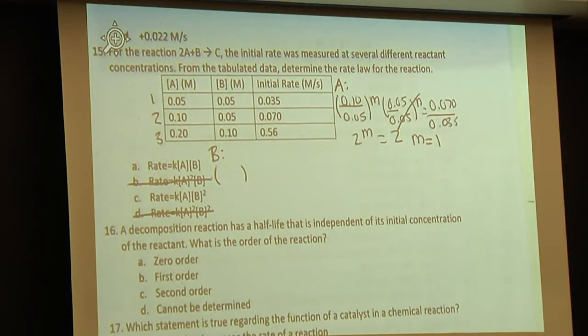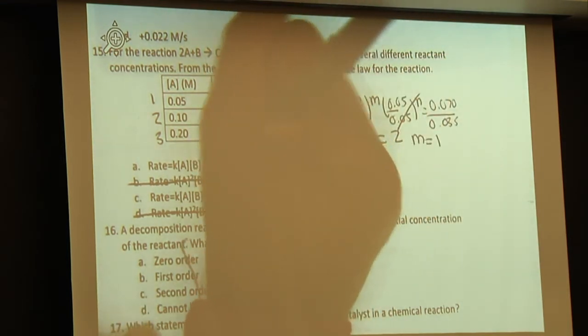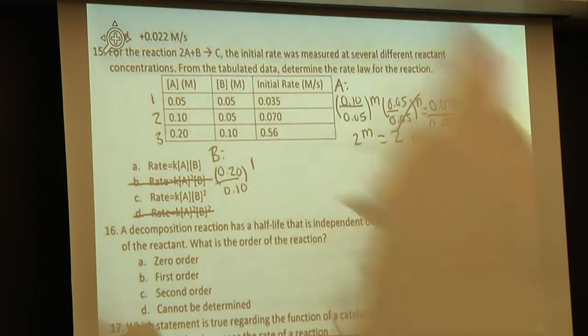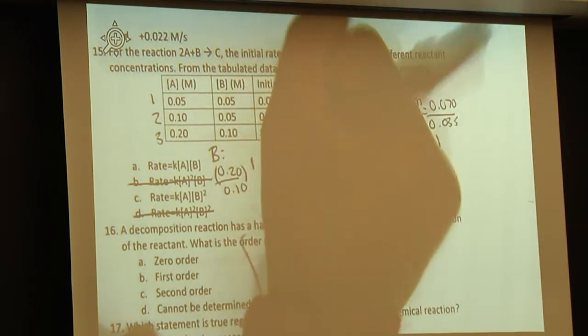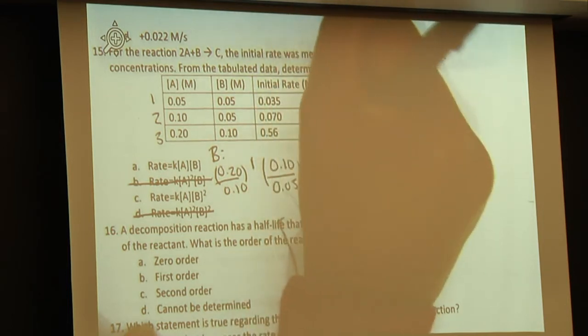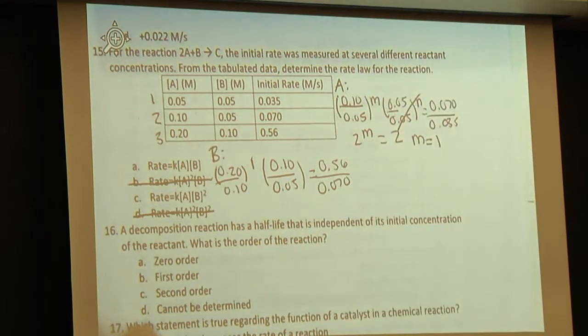So let's just pick two trials that we want to use. I use trials 3 and 2. So 0.2 over 0.1 raised to the 1, because that's what we just solved for. And then that's multiplied by 0.10 over 0.05, and then 0.56 over 0.070. So 0.2 divided by 0.1 would be 2.